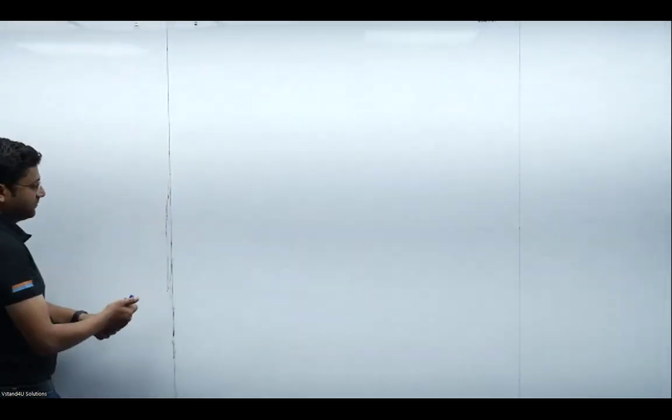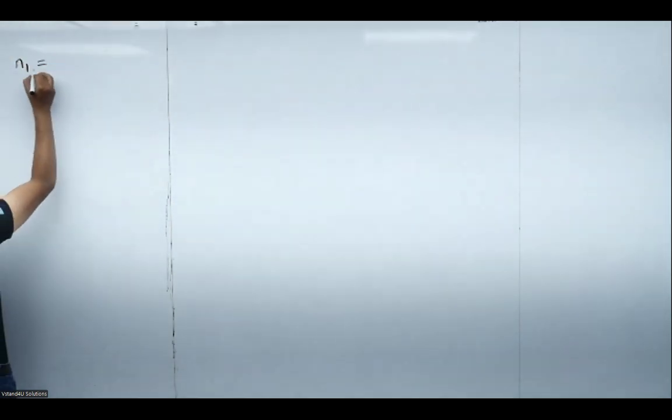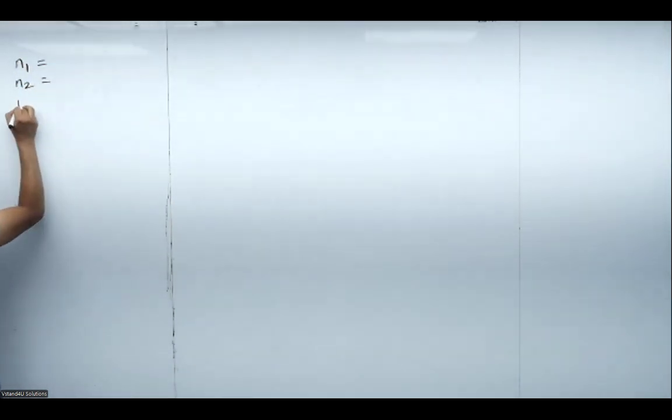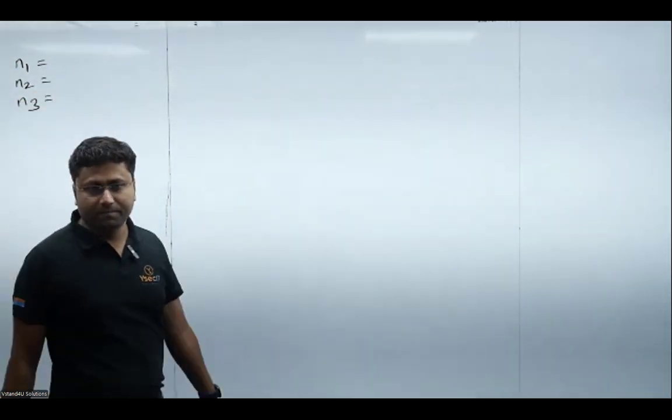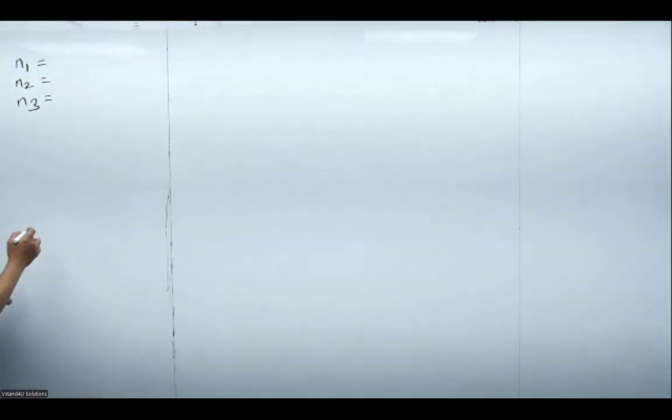Let's see then. Why are we wasting time? Shall we start? N1 value, N2 value, N3 value, which I'll keep changing for the logic. Okay, now the condition part.